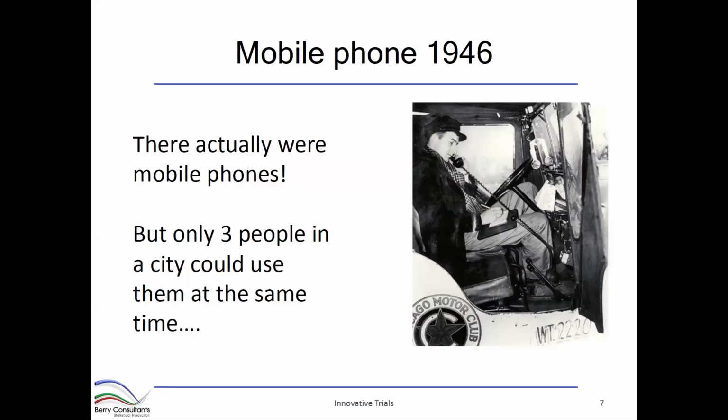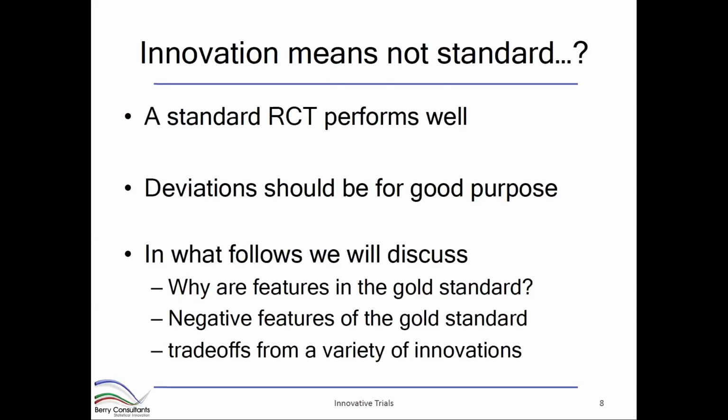So certainly we've made, in many fields, huge advancements since 1946, and we've done that in experimentation, in clinical trials as well. So I want to talk about, for innovation, this standard randomized clinical trial that existed in 1946 and we use today. It certainly performs well.